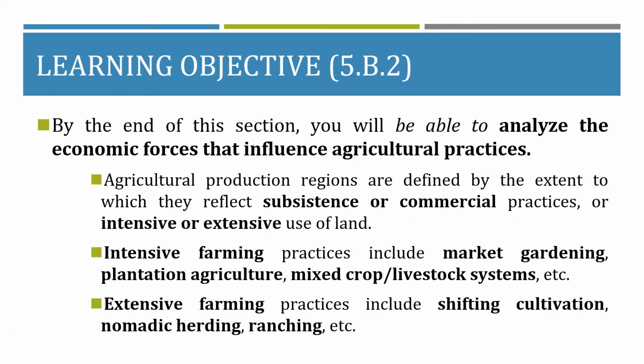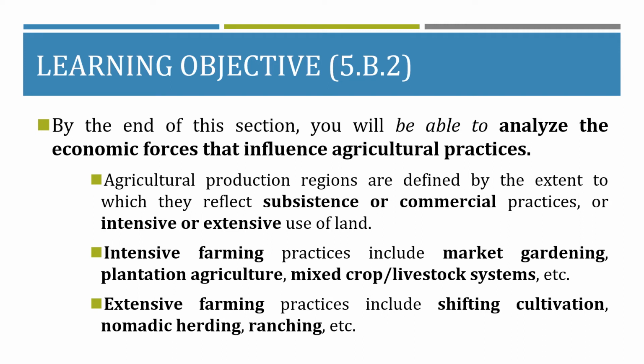By the end of this next section, you'll be able to analyze the economic forces that influence agricultural practices. So agricultural production regions are defined by the extent to which they reflect subsistence or commercial practices, or intensive or extensive use of land. Intensive farming practices include market gardening, plantation agriculture, mixed crop, and livestock.